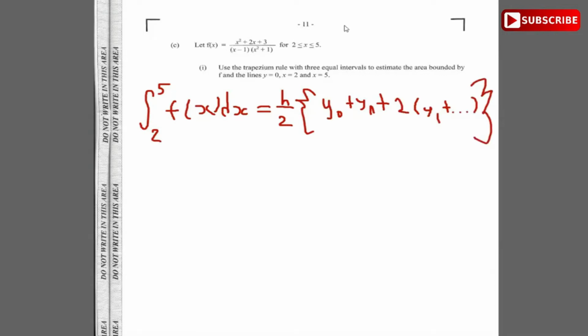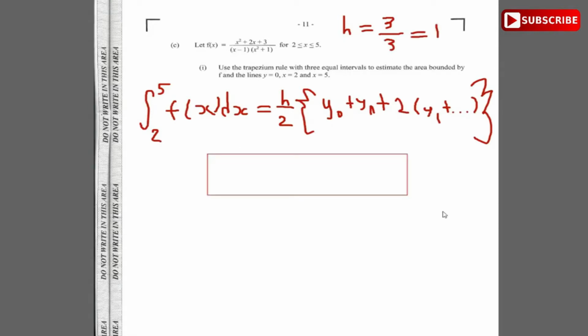What I like to do first is, of course, work out h. h is going to be b minus a, which is 5 minus 2, which is 3, over n. n is 3, so h is 3 over 3, which is 1. Next I like to create my table.